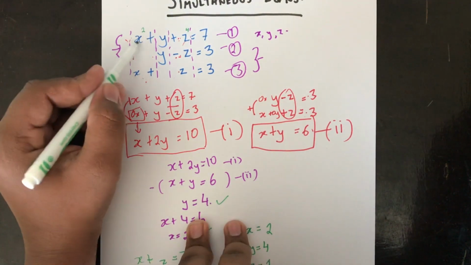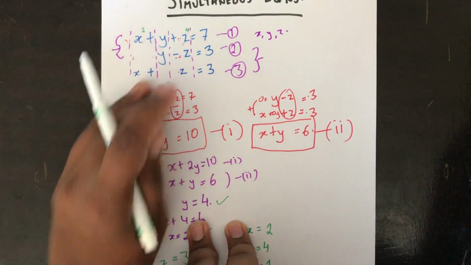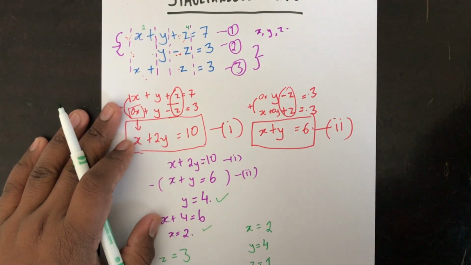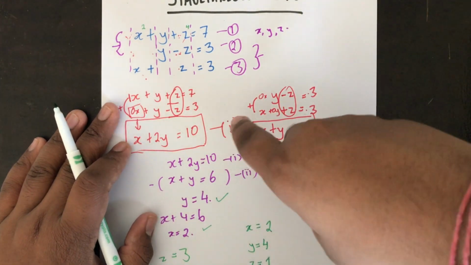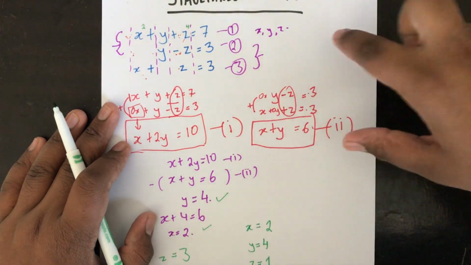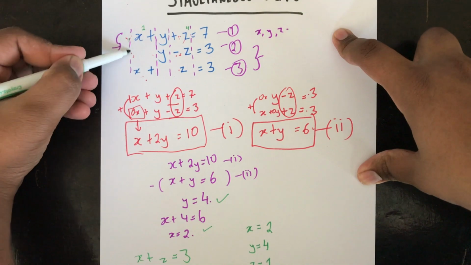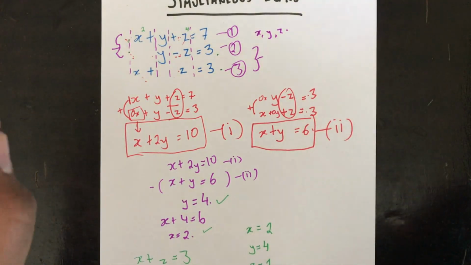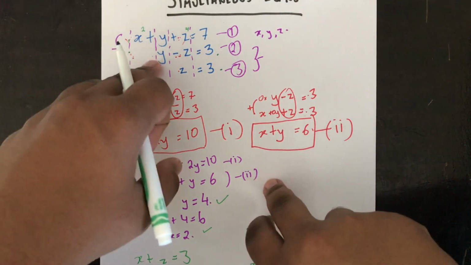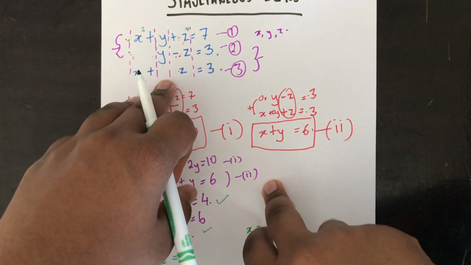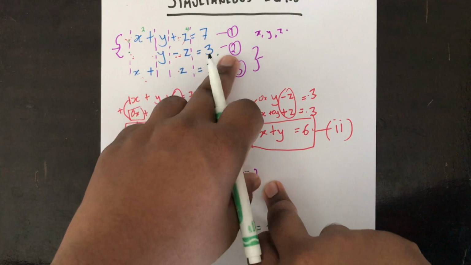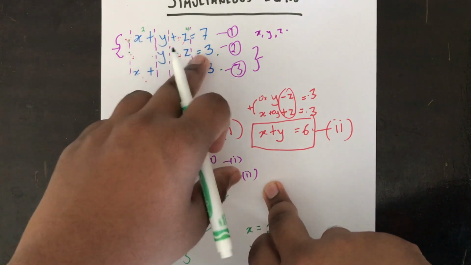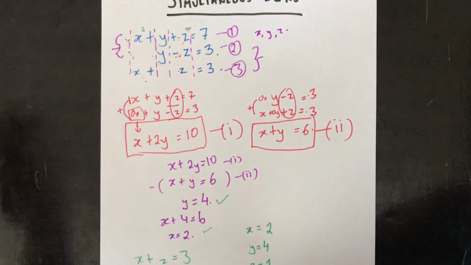So if you have something like this, x squared plus y plus z power 4 is equal to 7, then the way we would solve this is again the same way. Combine equation 1 and 2 and then combine equation 2 and 3 and select a common variable which you need to eliminate, but in this case do substitution method. So y is equal to z plus 3, and then from there on we can just substitute and get our answers.